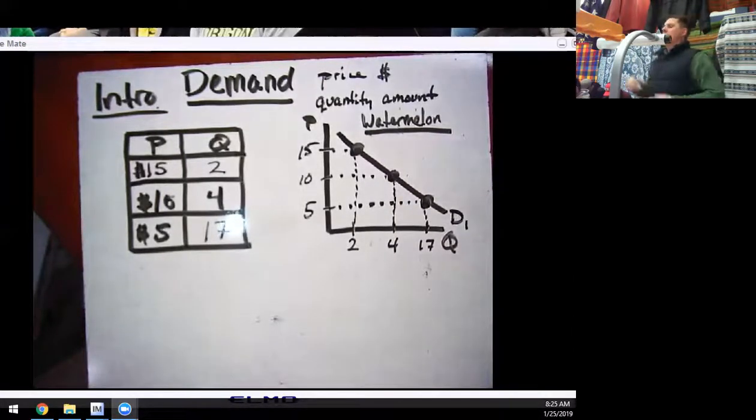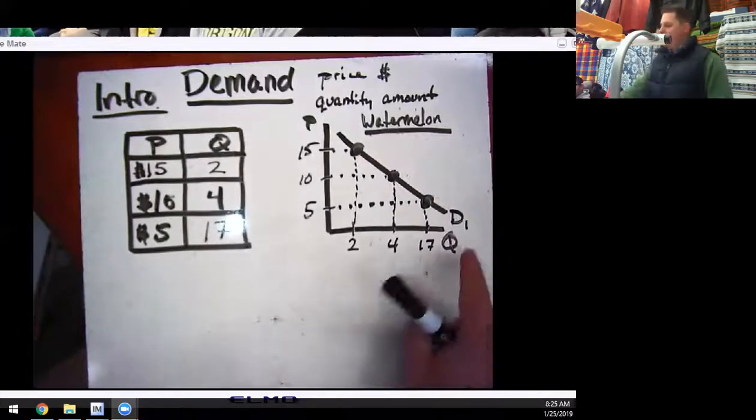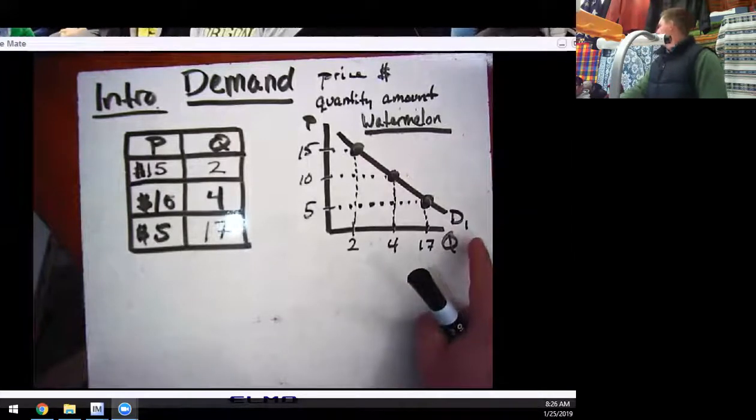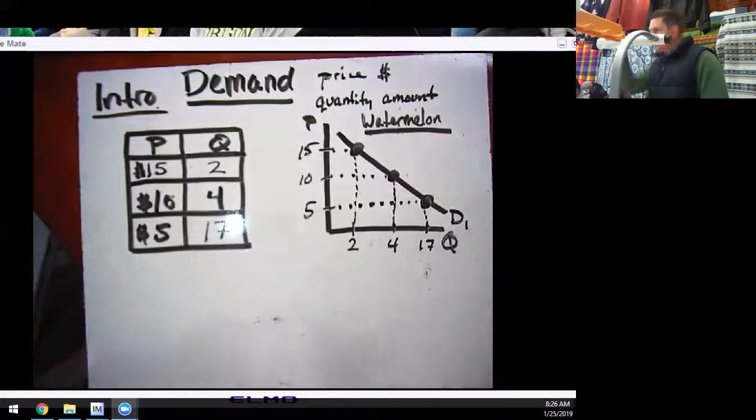Now, you may see in a textbook someday, or online, maybe a college class, them start with just D or D naught, like a D little 0. I like to start with D1 because that's how we count. The next demand curve we have would be D2 and D3.